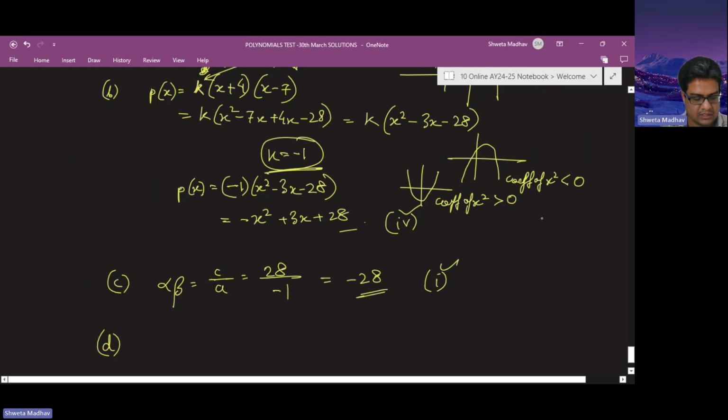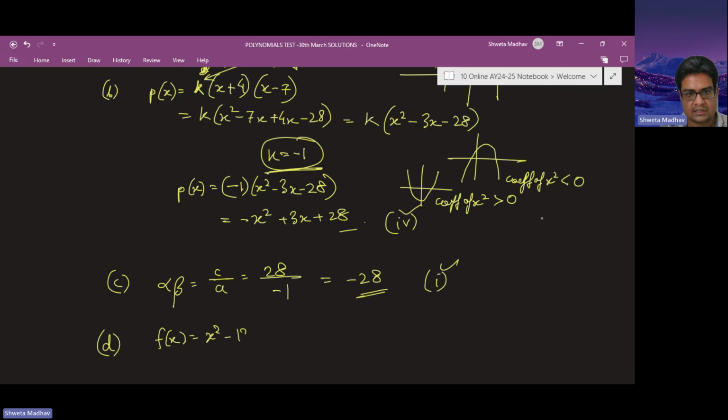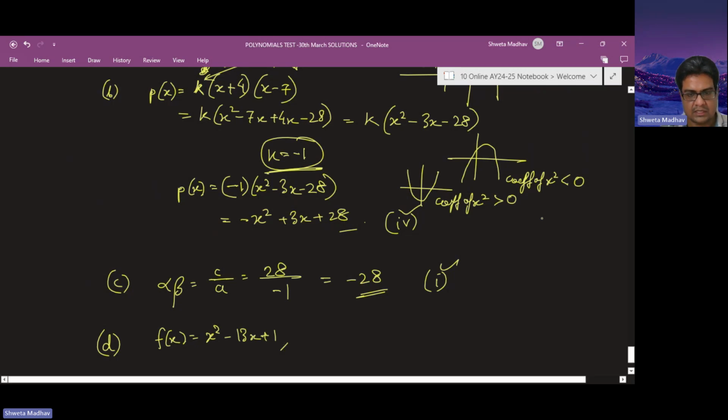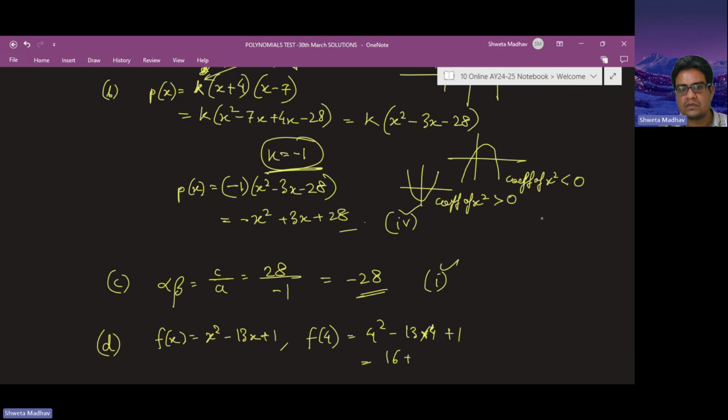Then in part D, it has been told that if f of x is equal to x square minus 13x plus 1, then f of 4 will be how much? So that will be 4 square minus 13 into 4 plus 1. So it will be 4 square is 16 plus 1, minus 13 times 4 is 52.